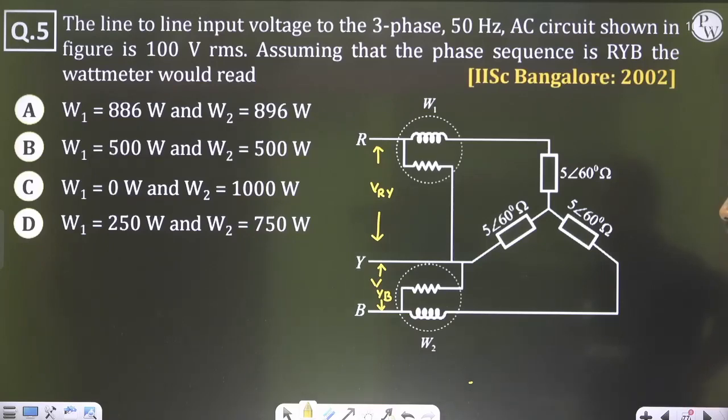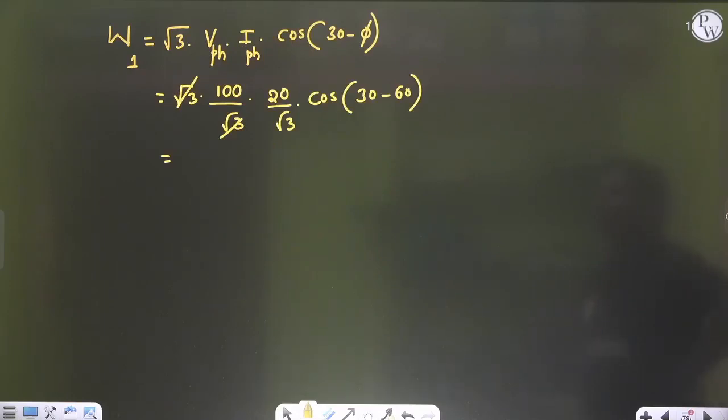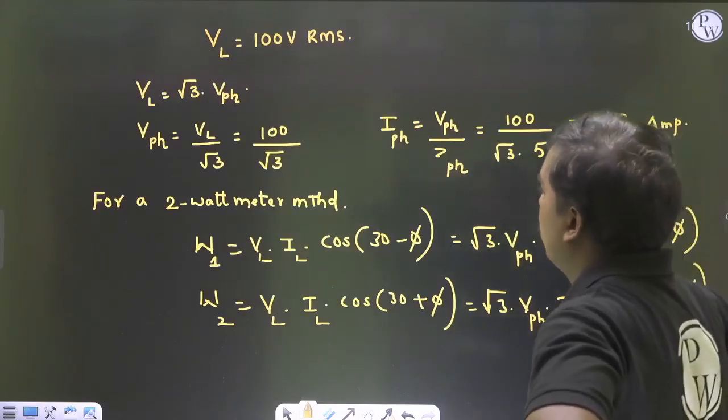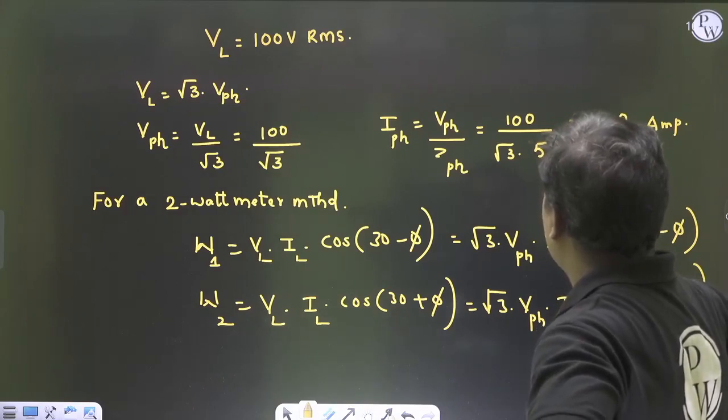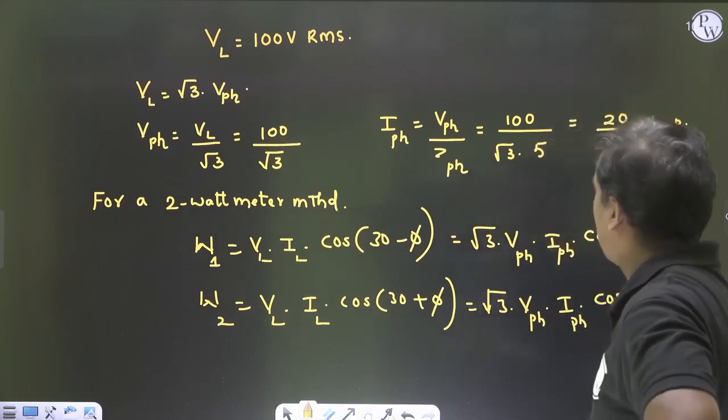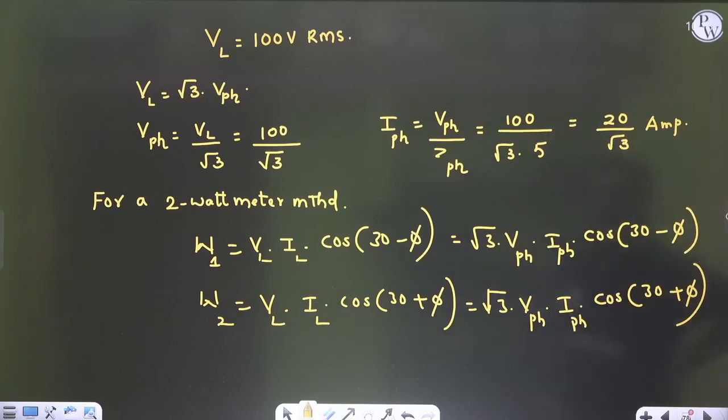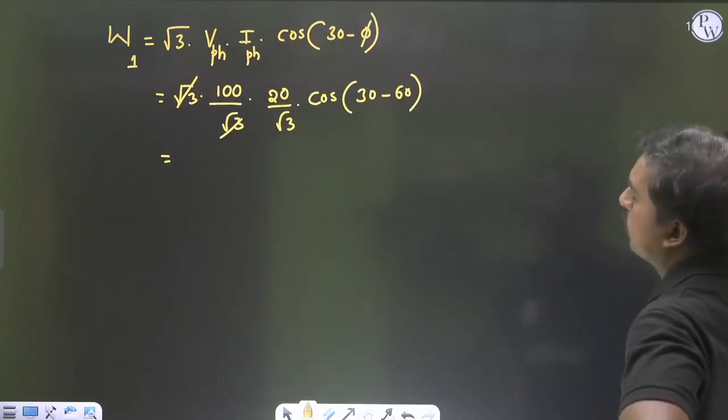We had a mistake. VPH is 100 by root 3, which is VPH by ZPH.